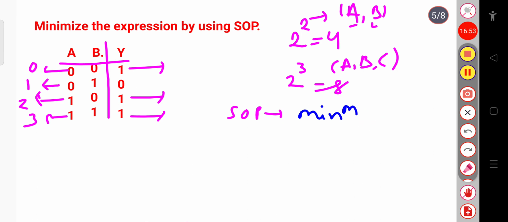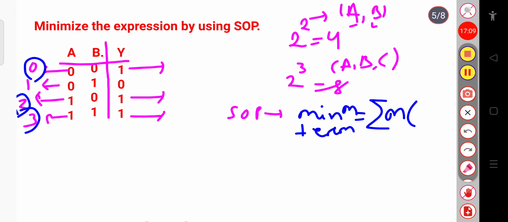So this minimum term, since this is the sum of products, you have to simply put the summation sign, small m, for the minimum term, and the values are 0, 2 and 3.